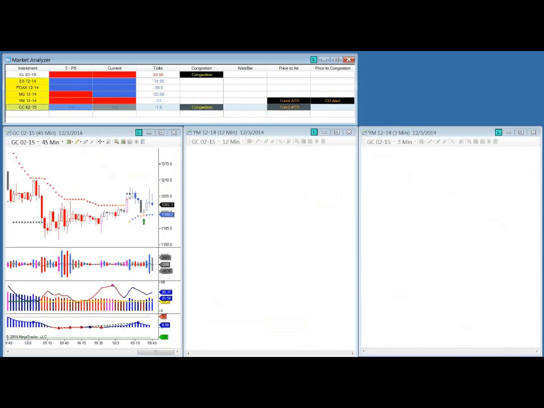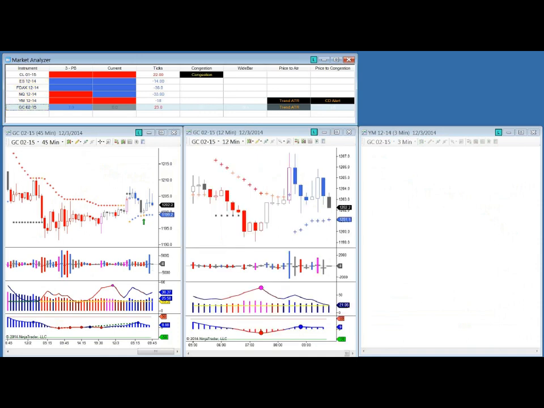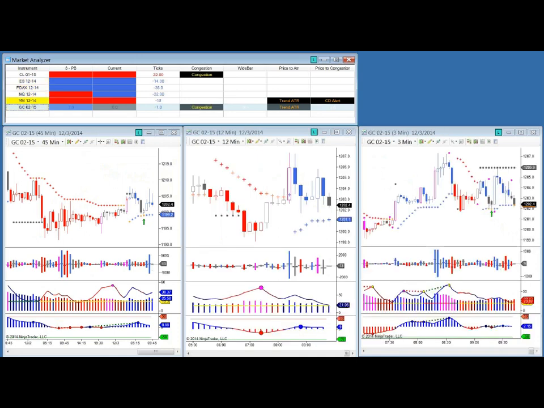I want to look at that one. If that comes up with divergence on the close, you could actually enter that to the long side.